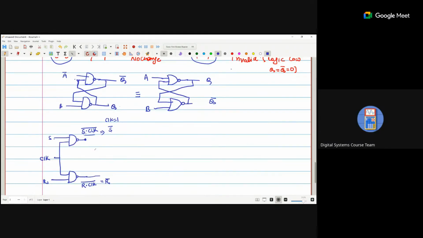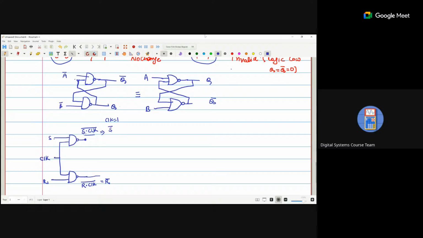Yes or no? Any doubt in this one? Why and where do we require the S bar and R bar?